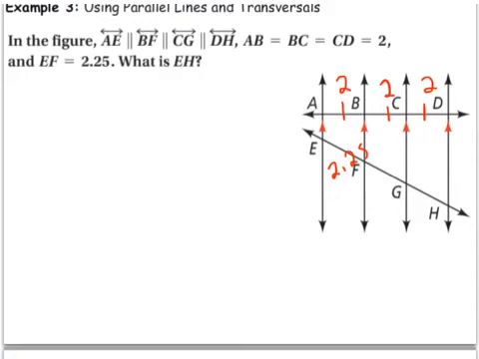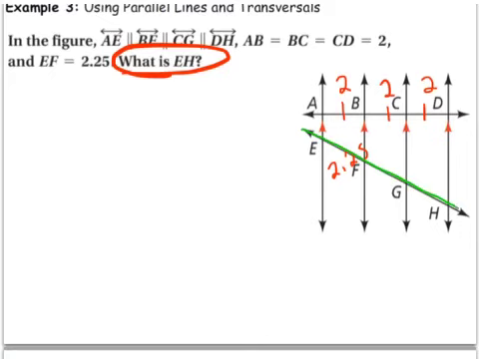2.25. By the theorem that we just learned, since we have 3 or more parallel lines and the transversal created congruent segments, then the other transversal must also create congruent segments. What we want to find is the measure of EH. Let's highlight that right there. So we're looking for that measure.